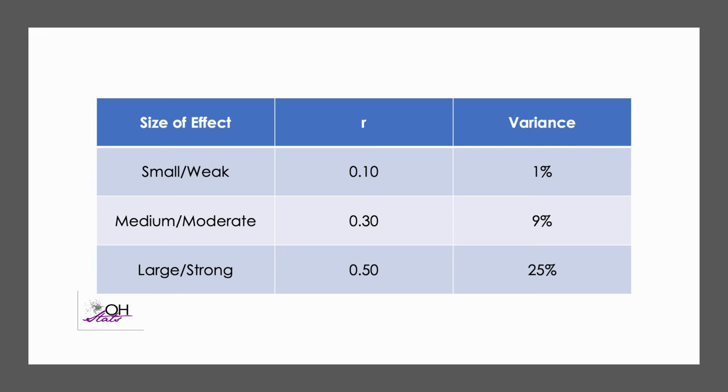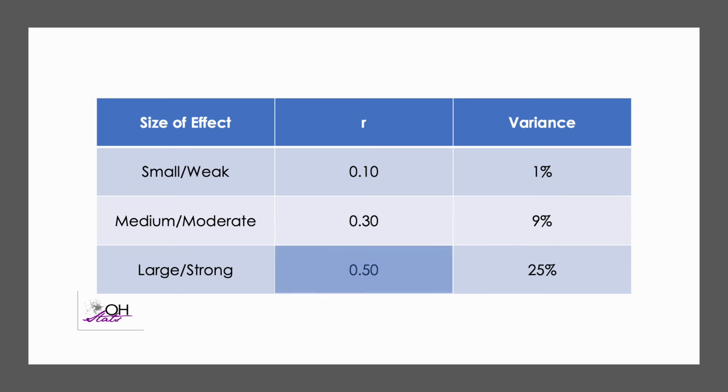The Pearson's correlation coefficient effect size can be small, medium, or large, but it is often referred to as weak, moderate, or strong. An effect size of 0.10 is small or weak and explains 1% of the total variance. An effect size of 0.30 is medium or moderate and explains 9% of the total variance.